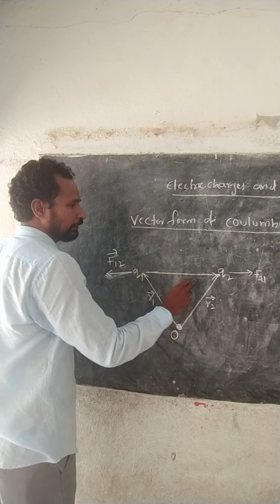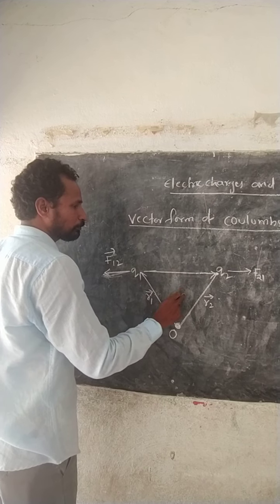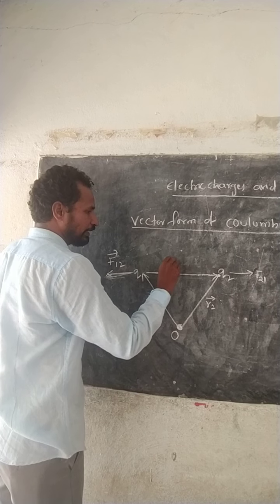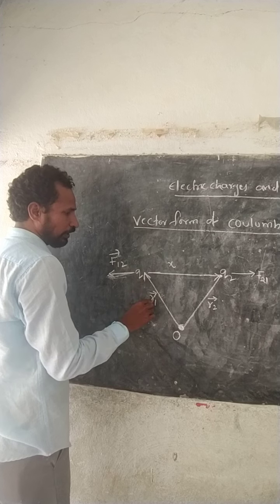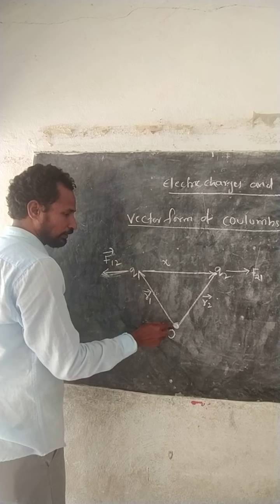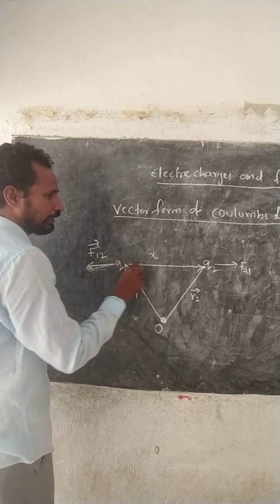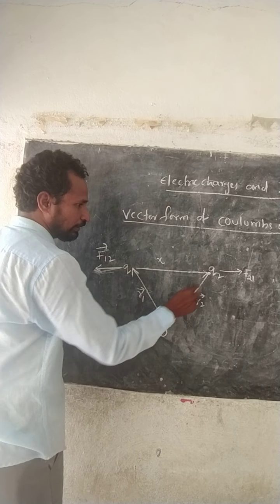And if you follow the triangle, let us say this distance is x, and this is the origin, and this is R1, this is the tail, this is the head.